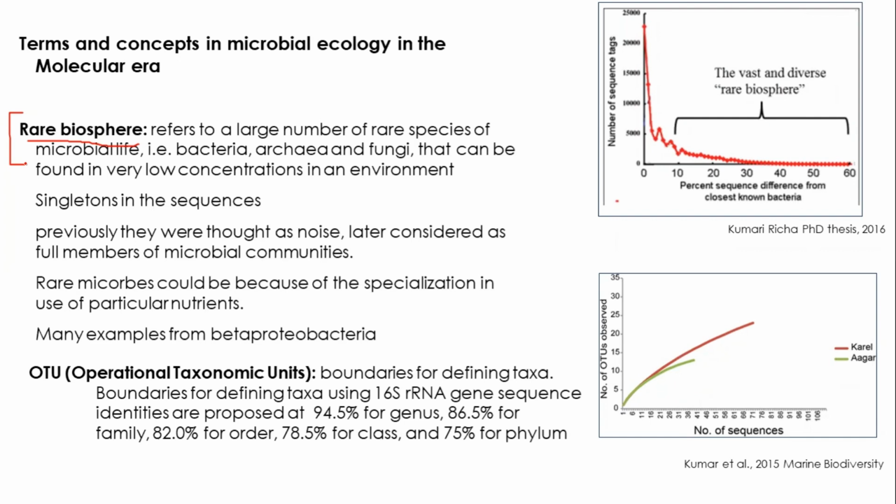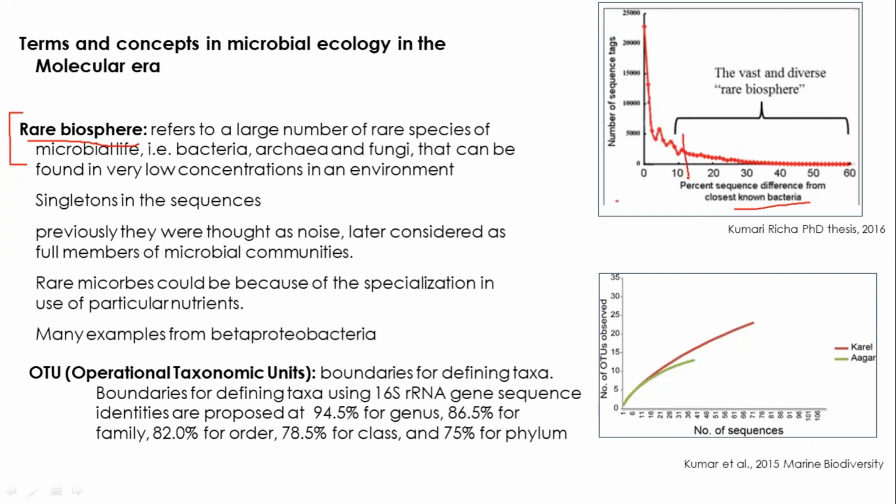It means, suppose there is a species of bacteria, they are present in a very small number of individuals. Likewise, it is the same for fungi, for archaea, or anything. So in this graph you can understand that there is the percent sequence difference from the closest known bacteria.